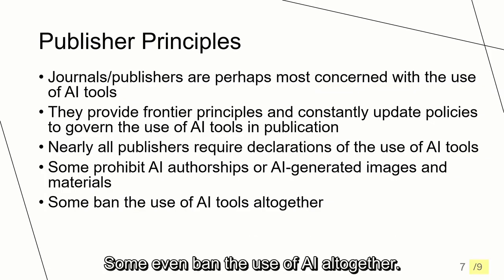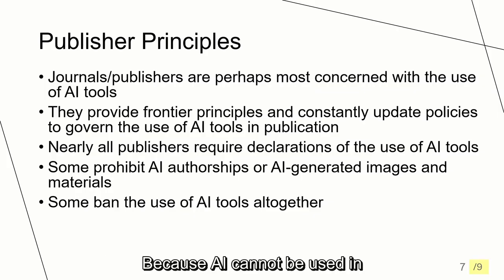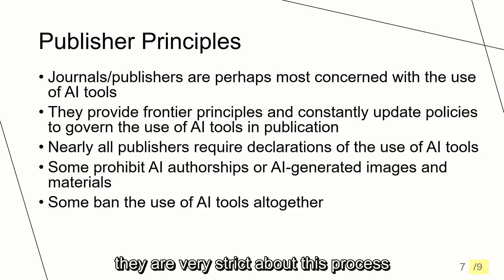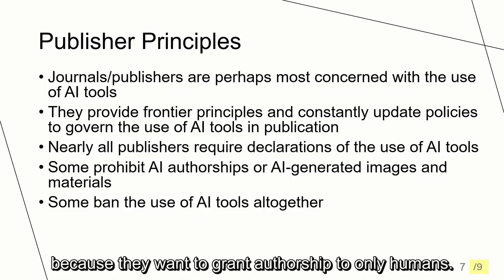Some even ban the use of AI altogether, because AI cannot be used in the publication process. Some publishers are very strict about this because they want to grant authorship only to humans.